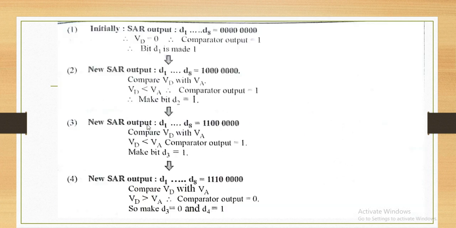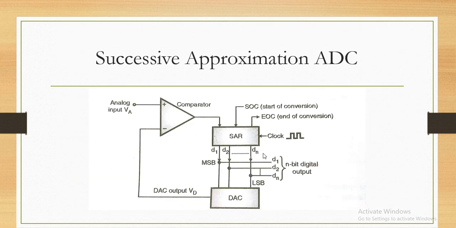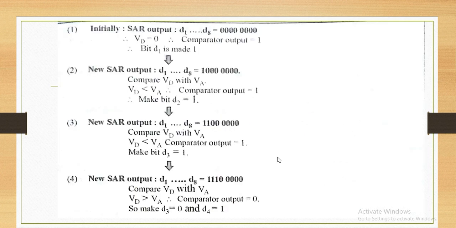What will happen? Comparator output will be 0. Now when the comparator output is 0, SAR will understand that VD is greater than VA. Now we have to do this reverse process. Reverse process means we just make this D3, which we earlier made 1, go to 0, and the next bit to 1.